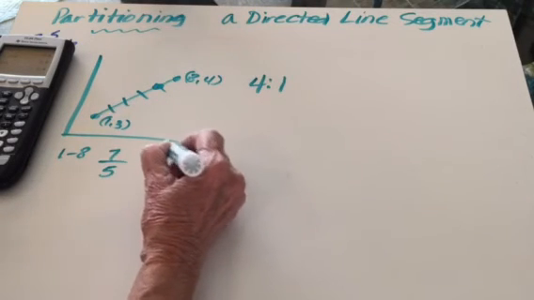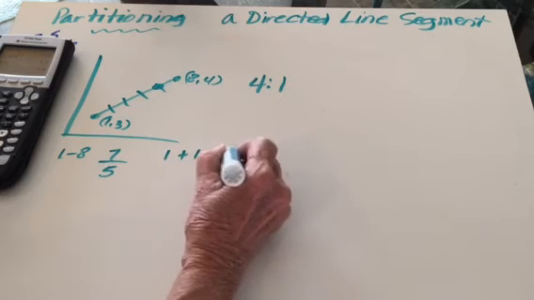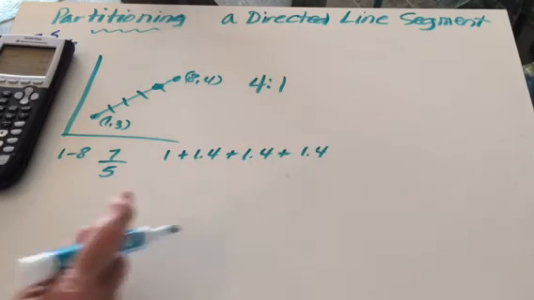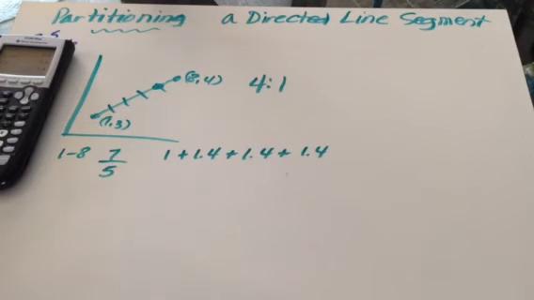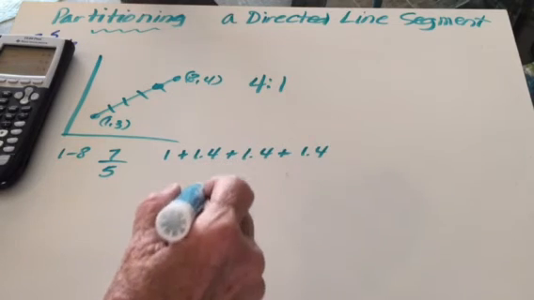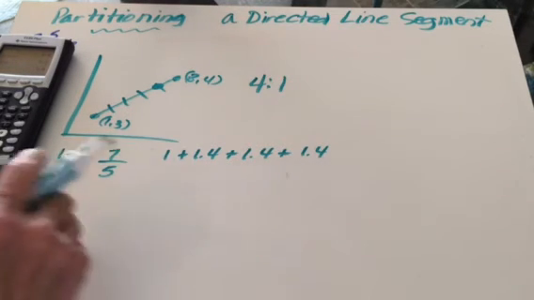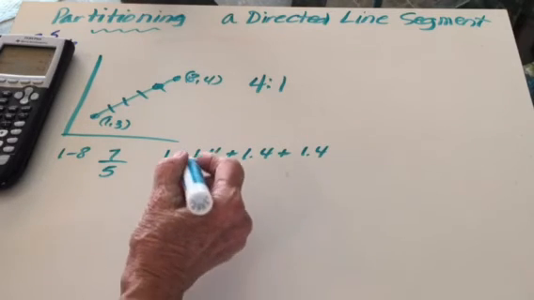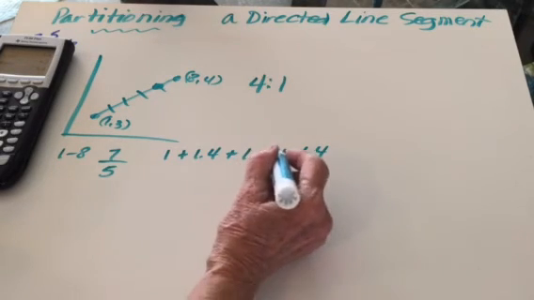So I'm going to go 1 plus 1.4 plus 1.4 plus 1.4 plus 1.4. Let's do this on the calculator, guys. 1.4 times 4 plus 1 equals 6.6. So my new X value is 6.6.